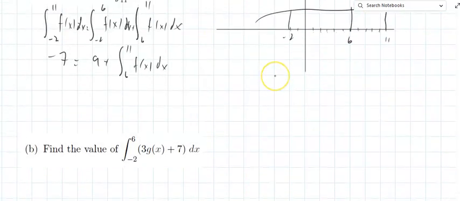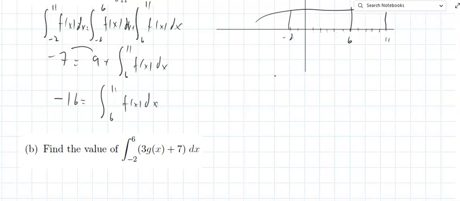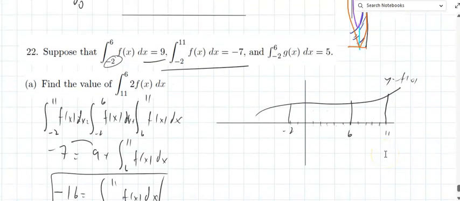Can't I say -16 is the integral from 6 to 11 of f of x dx? So basically, this is what we're saying. If you take this area and add it to this area, that should equal the total.